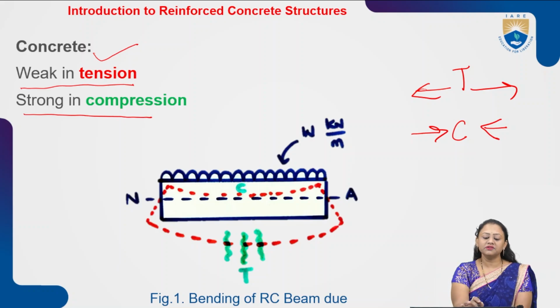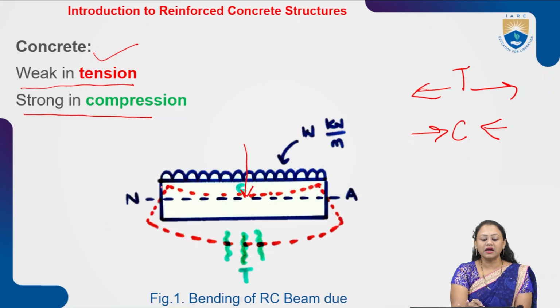If you look at the figure here, there is a reinforced concrete beam carrying a uniformly distributed load W in kilonewton per meter. NA is the neutral axis. When this uniformly distributed load acts on the concrete beam, the beam starts bending downwards.